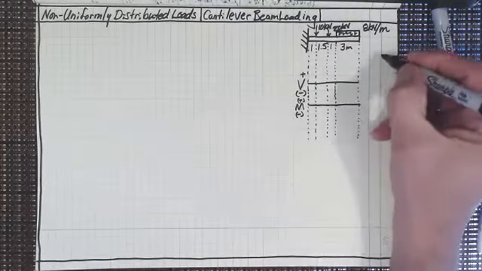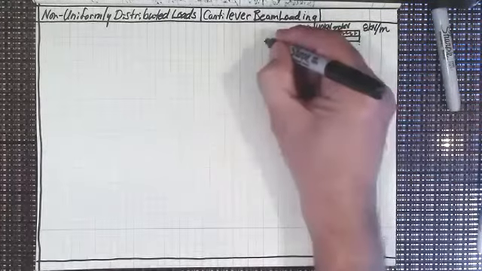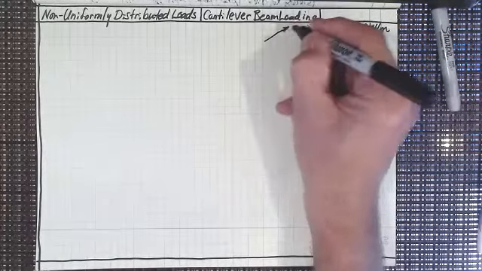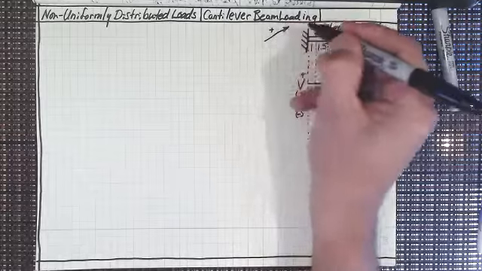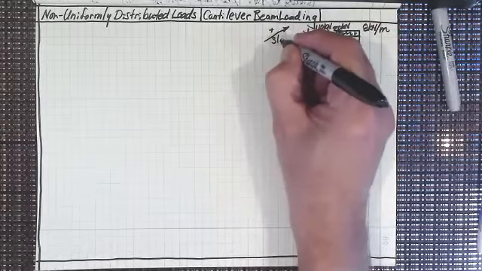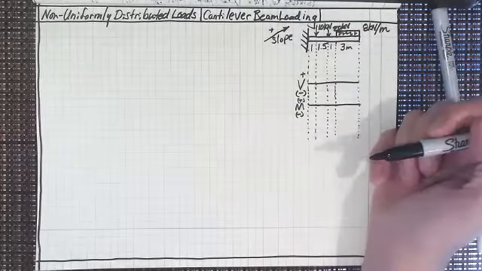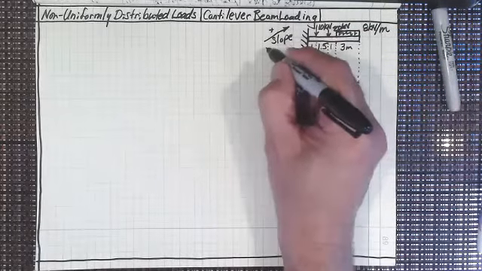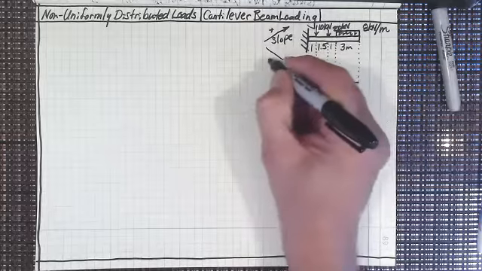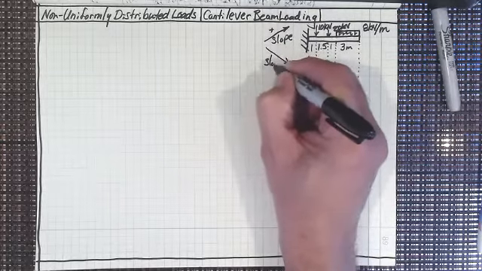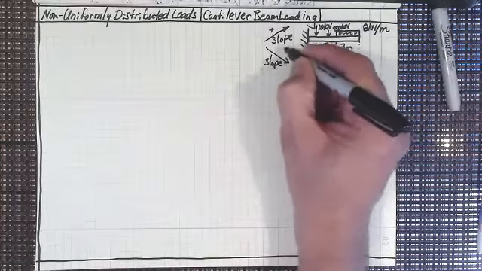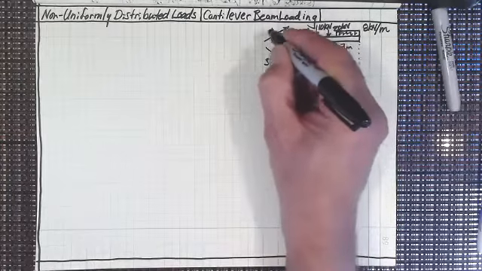Remember that the slope of something going up and to the right is positive, whereas the slope of something going down and to the right is negative.